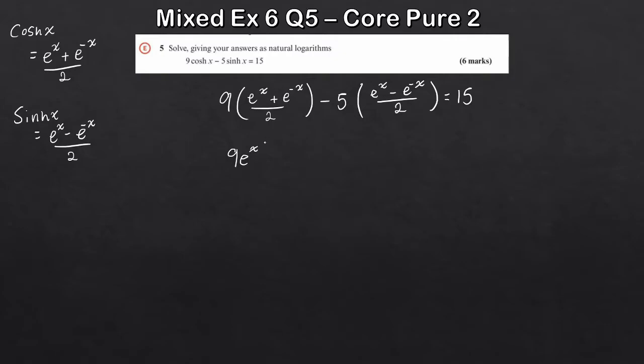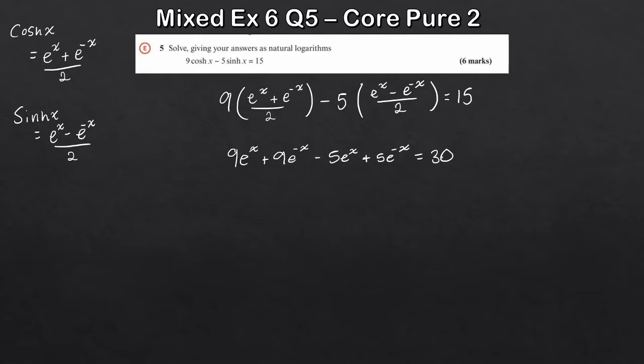So 9e to the x plus 9e to the minus x minus 5e to the x, plus, so minus 5 times minus e to the minus x will be positive, so just be very careful there. It's very easy to make a mistake. Plus 5e to the minus x. And obviously we've got to times both sides by 2, so 15 times by 2 will be 30.